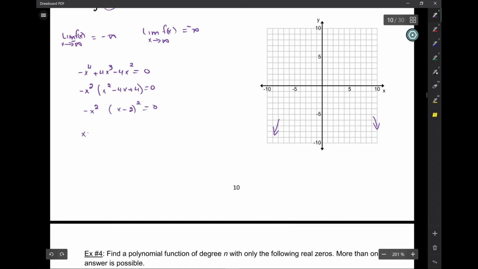So my zeros are x is 0, multiplicity of 2, x is 2, multiplicity of 2. Okay? So x is 0, x is 2. End behavior is down on both sides, so it's going to look like that. Okay?